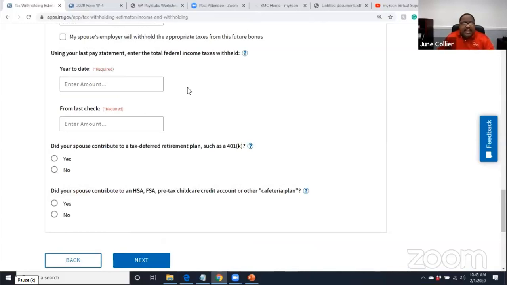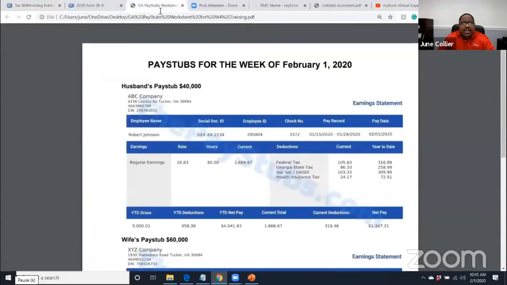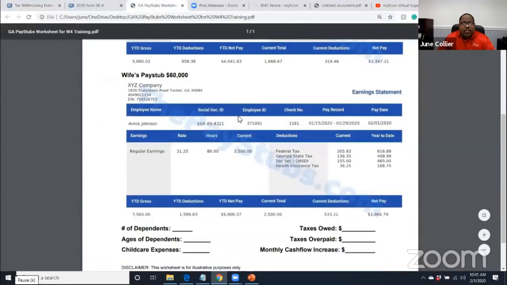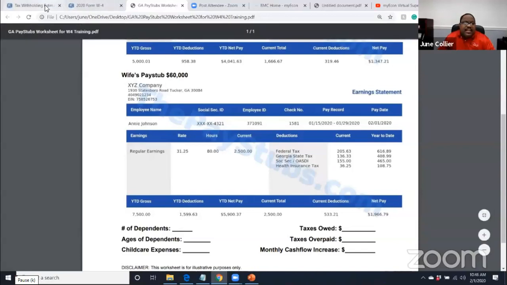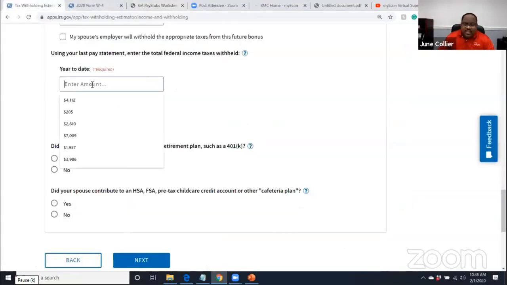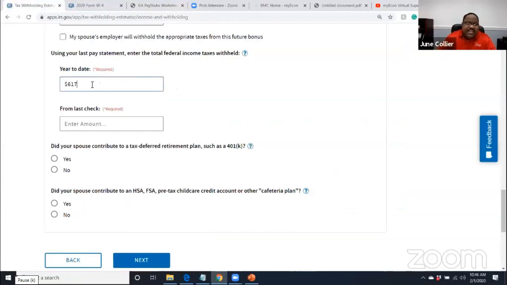Using your last pay statement, enter the total federal income taxes withheld year to date. So let's go back to the pay stub and look at total taxes for the wife year to date. If we look at year to date, she has already paid $616.89 in taxes. So that's $617, so we'll go ahead and enter $617.